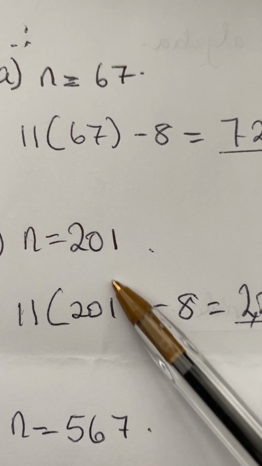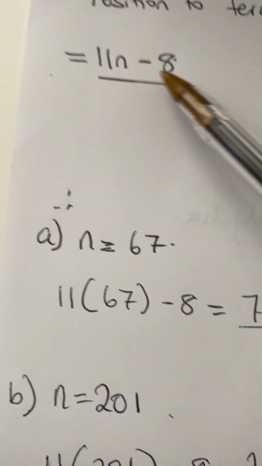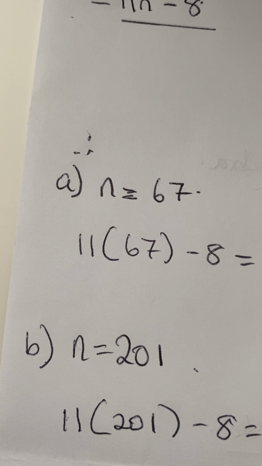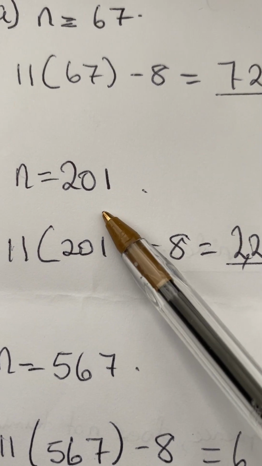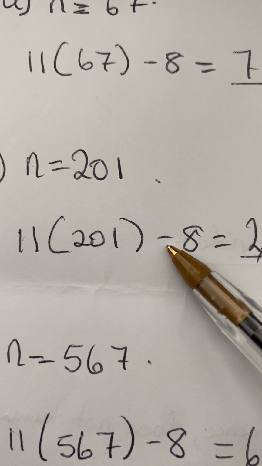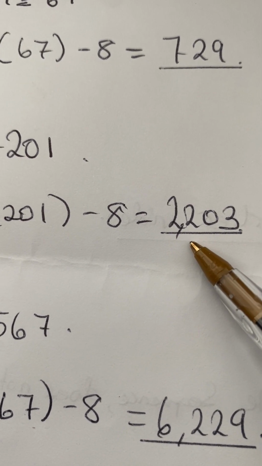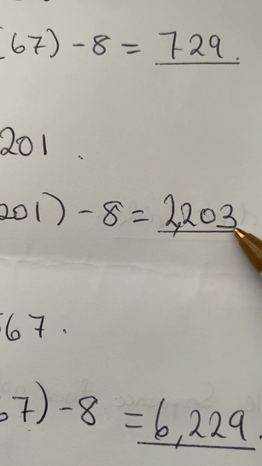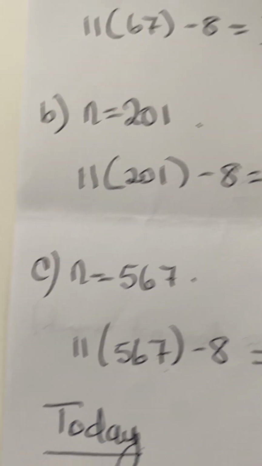So n equals 201. As long as you can find the position to term rule, you are good to go. So 11 times 201 minus 8, which will give you 2,203. That will be the second one.